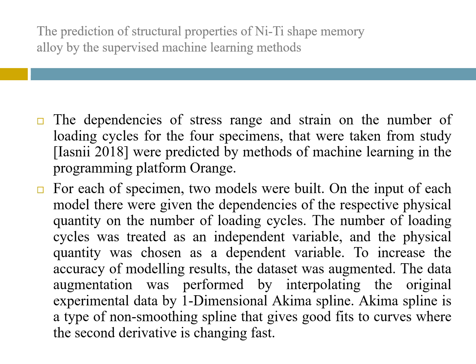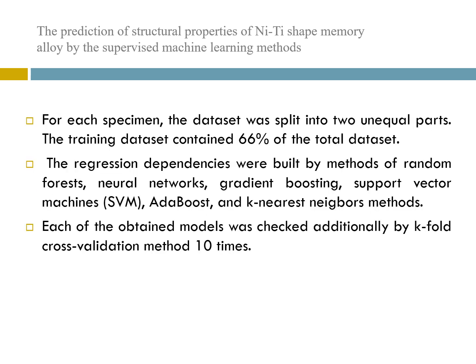The data augmentation was performed by interpolating the original experimental data by one-dimensional Akima spline. Akima spline is a type of non-smoothing spline that gives good fits to curves where the second derivative is changing fast. For each specimen, the dataset was split into two unequal parts. The training dataset contained 66% of the total dataset.